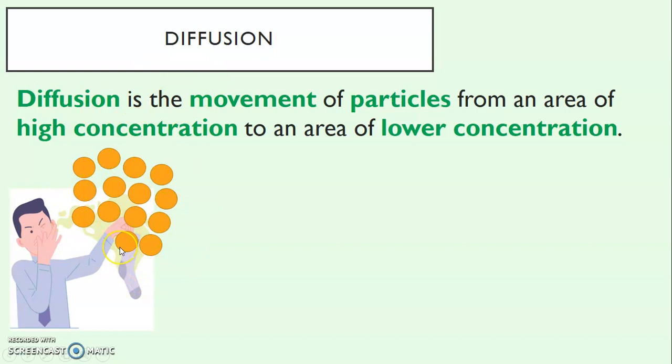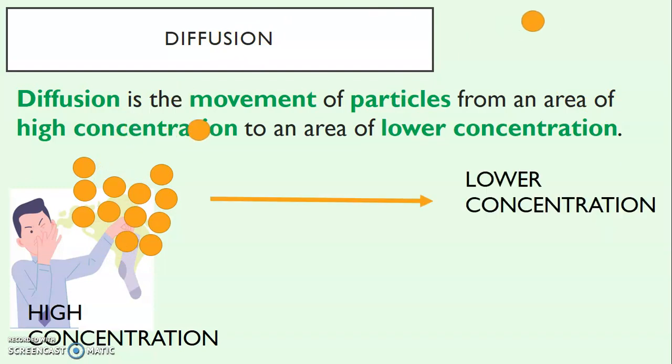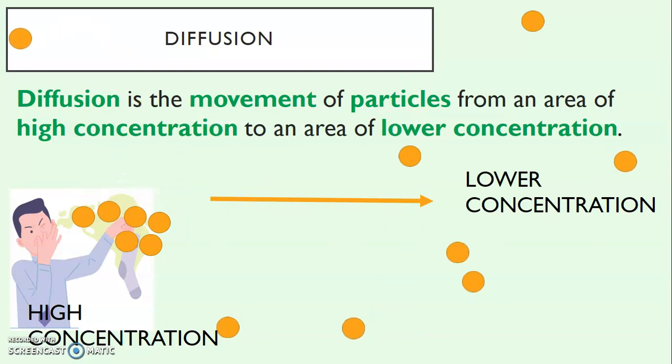So they're going to go from where it's high concentration to areas where it's lower concentration. So they're going to spread all the way around. Be quite random, so they'll all move around. They do keep moving. I know I don't show it on this, but they do keep moving. So it's all spreading out. So this really stinky socks is now smelling out the whole room. So diffusion is the movement of particles from an area of high concentration to an area of lower concentration.